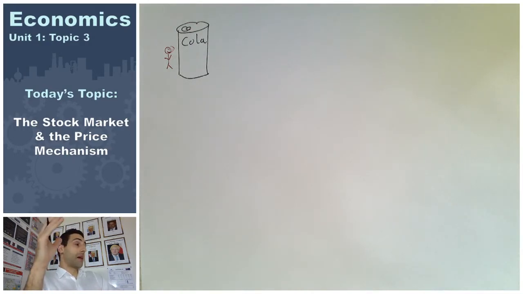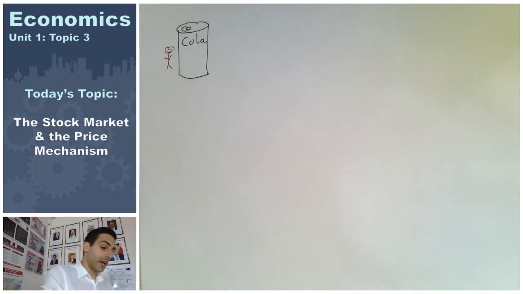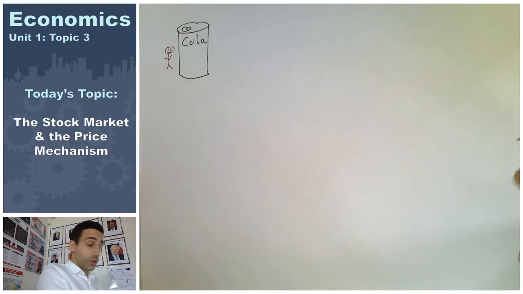Now, this sole proprietor, this sole trader, this individual with this business idea is going to need a hell of a lot of money to get their business up and running, in order to mass manufacture and compete with the big guys. So, what does our sole trader do?